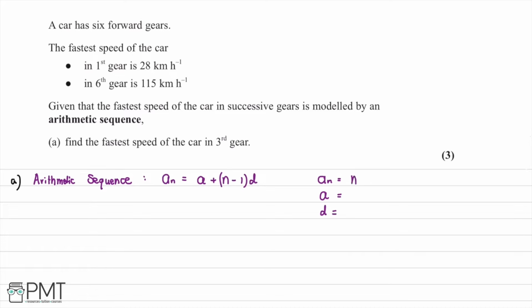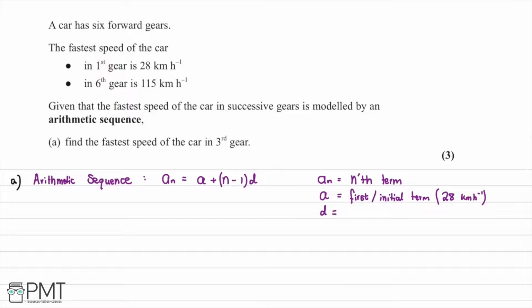So we must think, what is an? an is going to be the nth term. What is a? a is going to be the initial or the first term. In our case, that's going to be 28 kilometers per hour, as we'll let n equals 1 for that case.